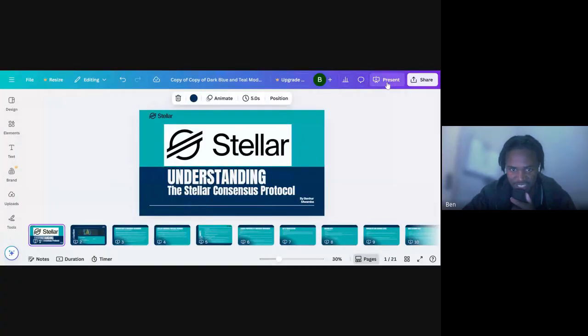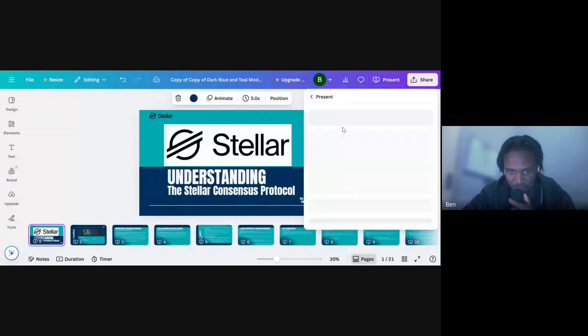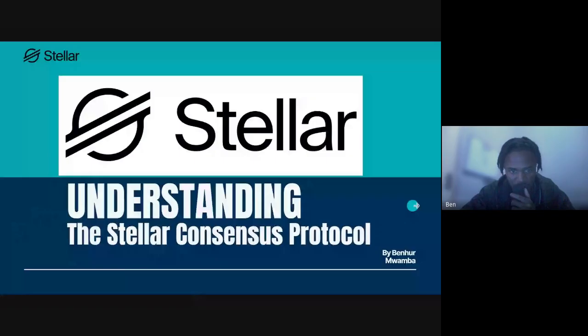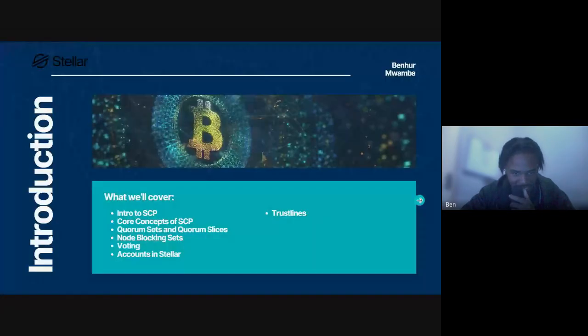Before we start, can somebody explain the importance of consensus in blockchain? What's the importance of consensus? We're going to talk about it here. So this is what we cover.